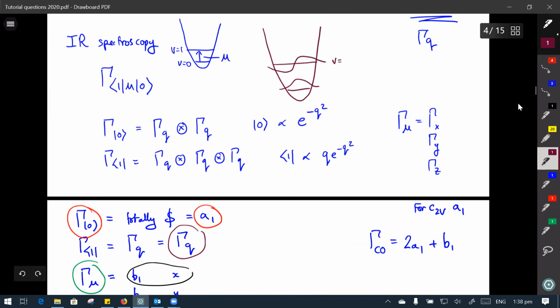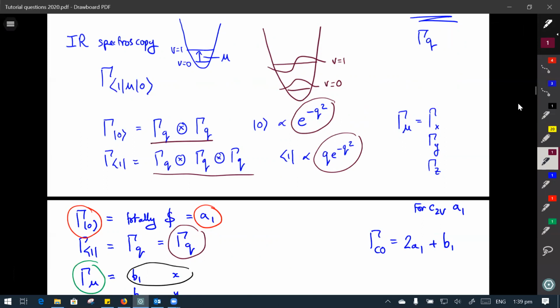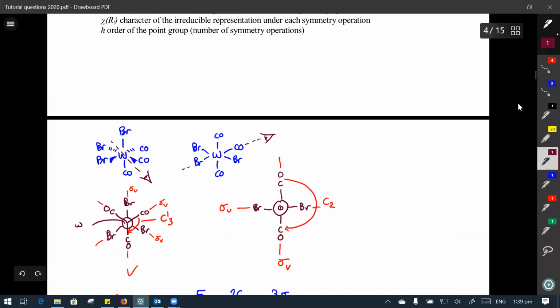This one here has the form e to the minus q squared. So the symmetry of it is basically the product of q. So it goes A1, B1. And this one's then just q times e to the minus q squared, which is why there are 3 q's in there. Yeah, cool. Excellent. Thank you. Lovely, that's good.